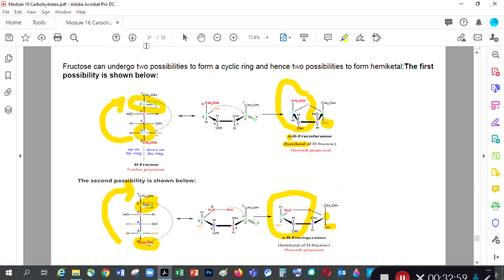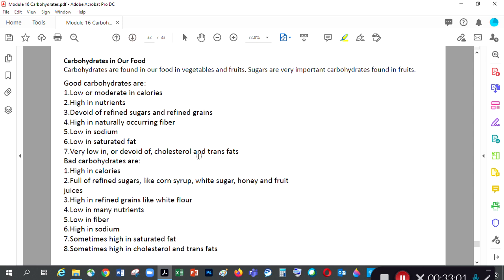Okay, last topic here, we just go through the application of the carbohydrates in our food. You will see the good carbohydrates in general have to have low or moderate calories, high nutrition, less sodium, high content of fibers, and less amount of saturated fats and cholesterol.